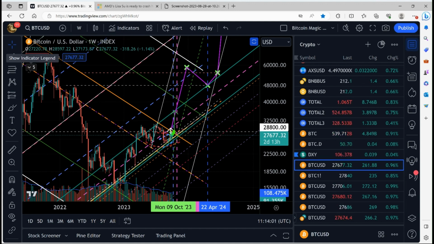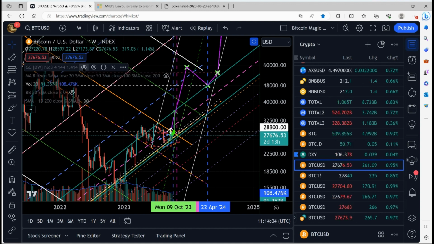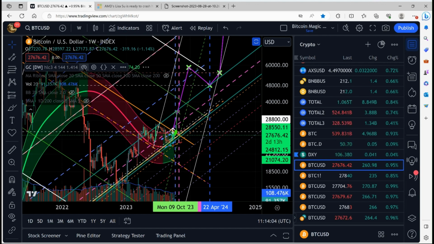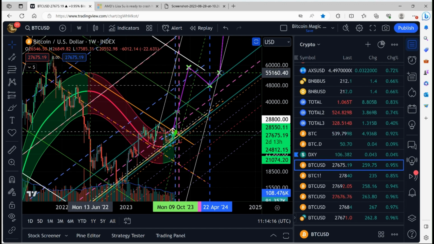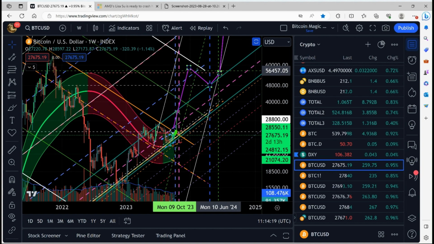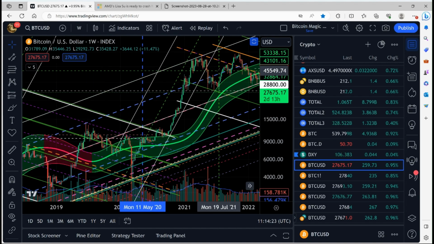That's good because I'm going to turn on the weekly Gaussian channel. And that's where I get this X right here, this dashed line. Let me get these words out of the way. It coincides with the top of the weekly Gaussian channel. And that's where our parabolic run starts every cycle.